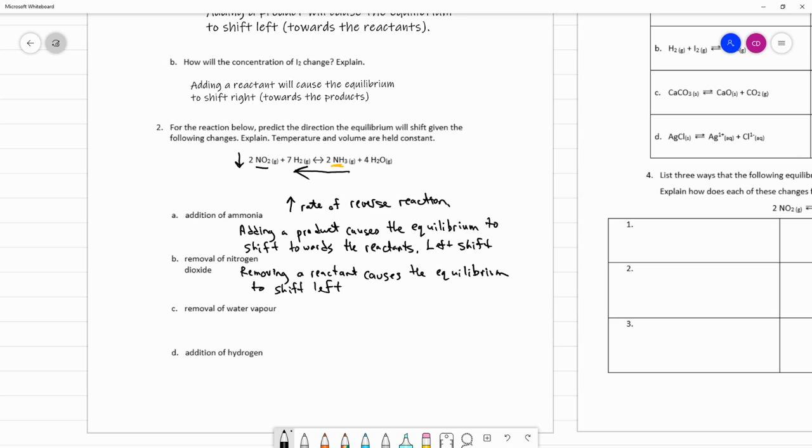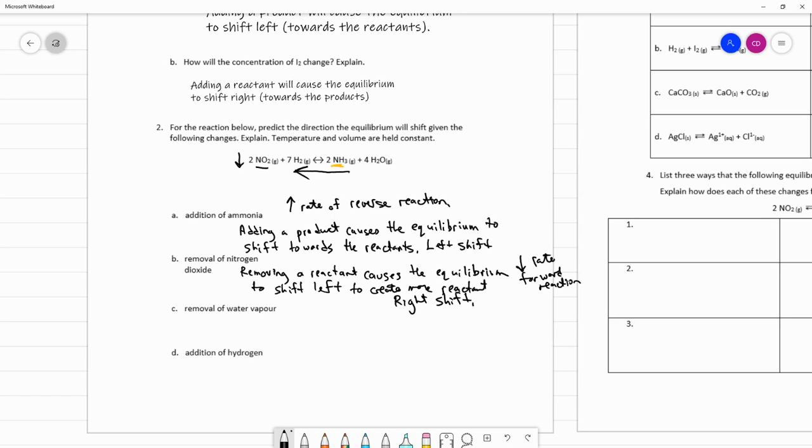The reaction will shift left to create more reactant. So the idea here would be that we have decreased the rate of the forward reaction by removing some of the reactant. So now the reverse reaction has a greater rate than the forward reaction, and the result will be more reactant being formed. So again, that's a left shift.